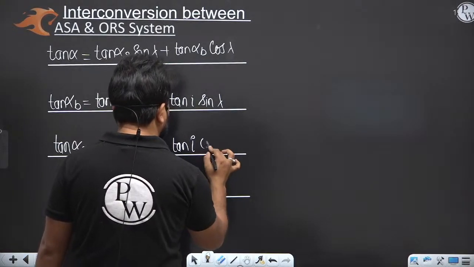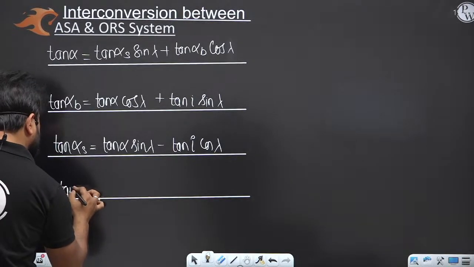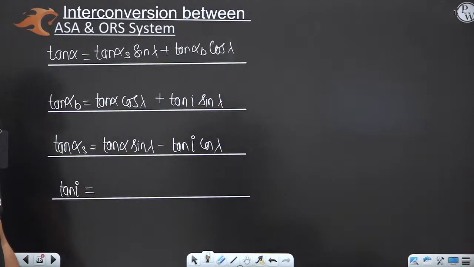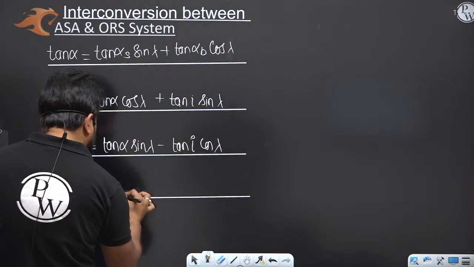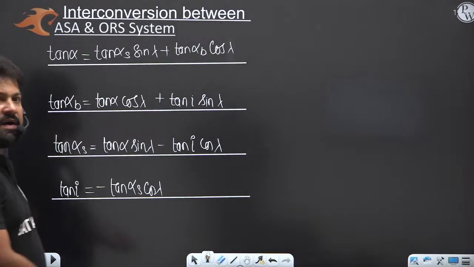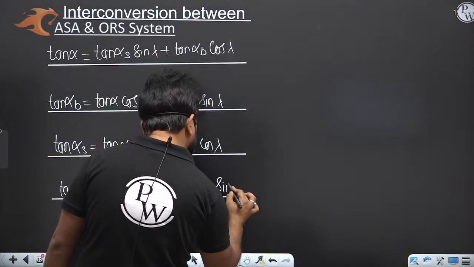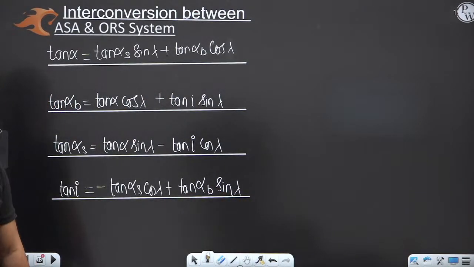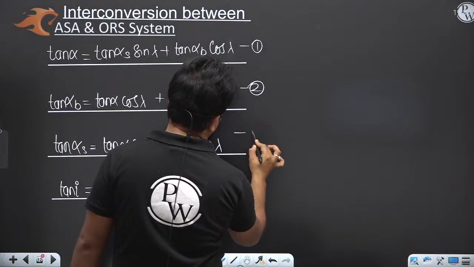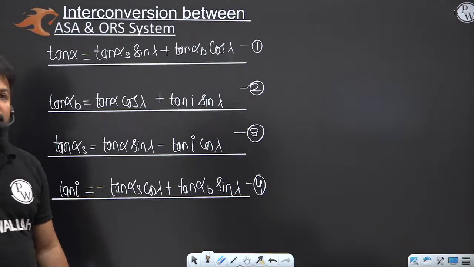Another formula is tan I, which equals minus tan alpha s cos lambda plus tan of back rake angle sin lambda. So my dear, these are the four interconversion formulas which you have to remember, which are very important for your GATE exam.